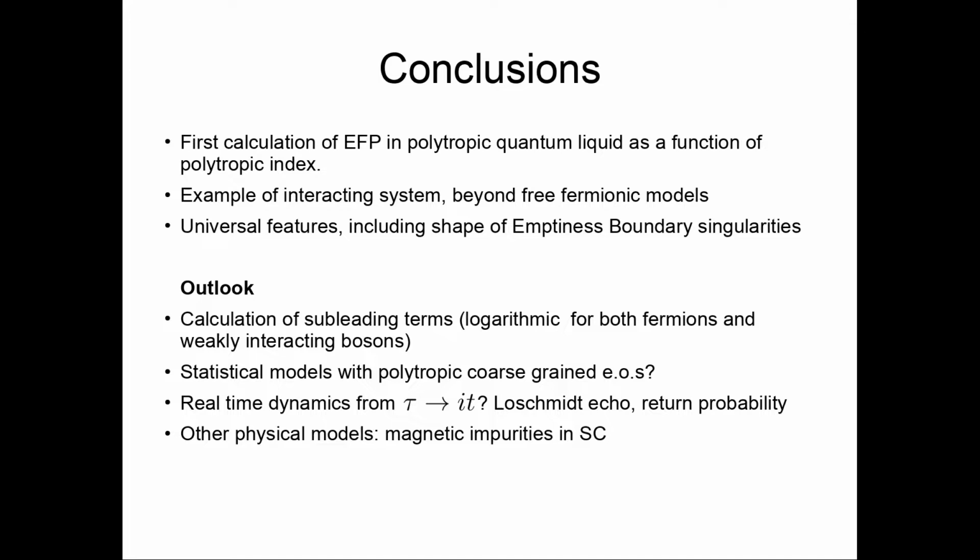That model was obtained from the sigma model, and we are looking for other condensed matter systems like superconductors, where different power laws, different polytropic indices can be used or modeled. So yes, I have finished.